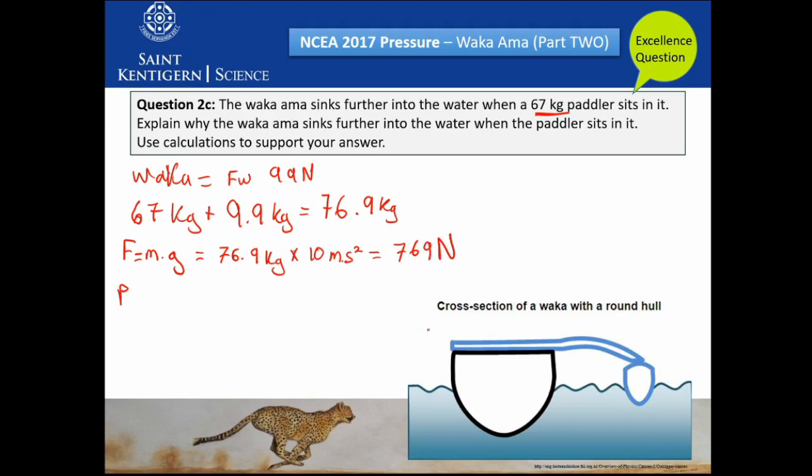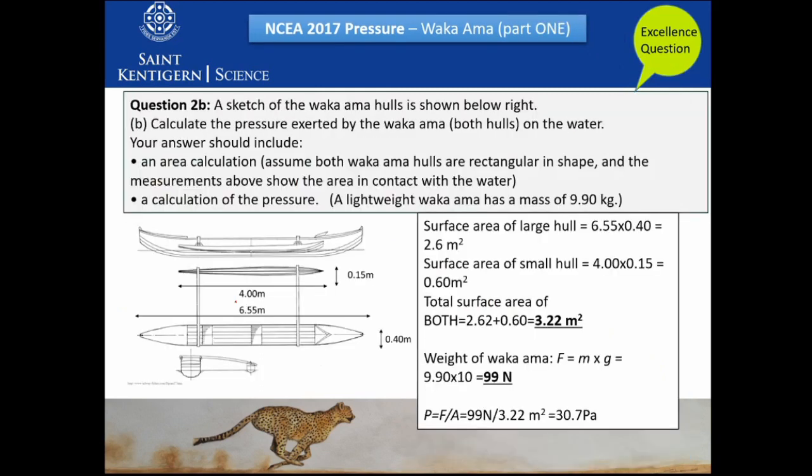The pressure is now significantly higher because remember, pressure is all about the relationship between the force and the area. So now the area stays the same, which was 3.22, if I'm not mistaken. Let's just quickly go one back up.